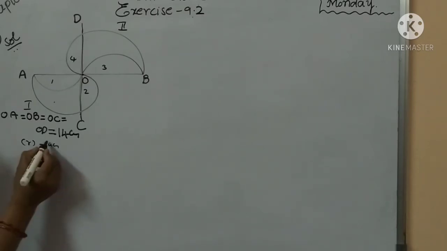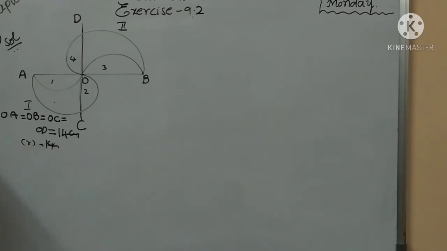Did you understand, children? What is the R here? Radius 14 centimeters. Find the area of the shaded region.